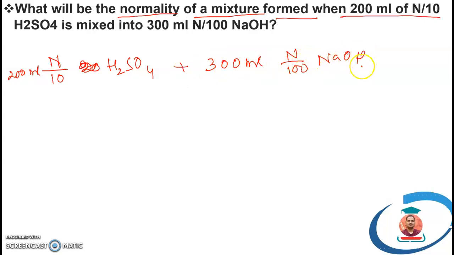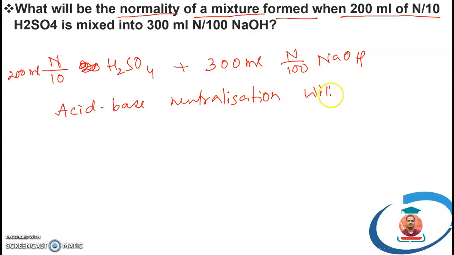What will happen? Obviously the acid will be neutralized by the base. Neutralization will occur. After neutralization, some amount of acid or some amount of base will remain.